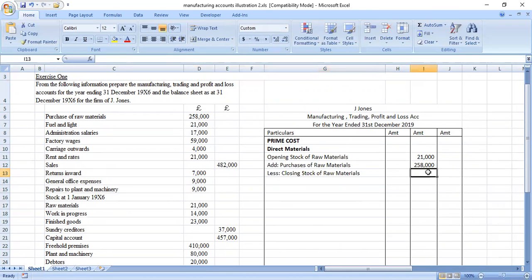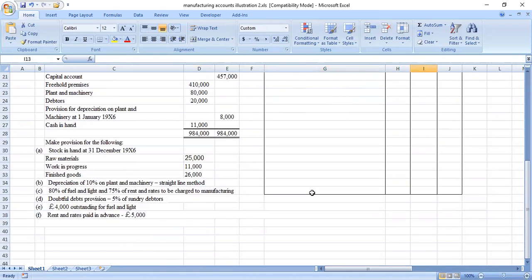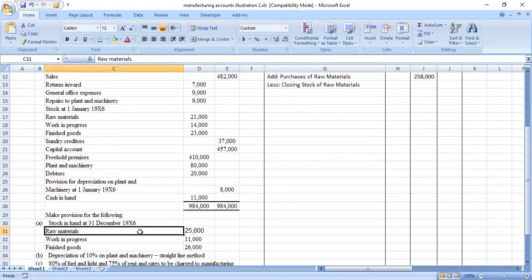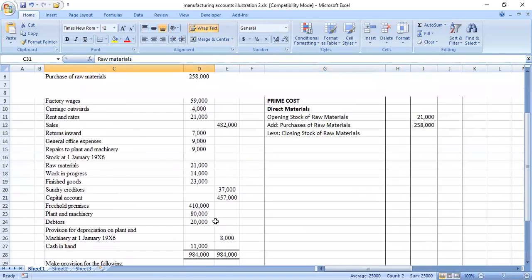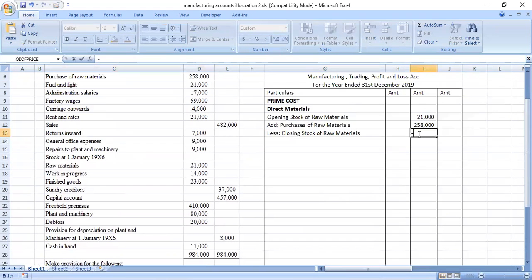And the closing stock of raw materials is usually given in the additional information. So you have it there as 25,000. Can you see it? So our closing stock of raw materials is 25,000 shillings.